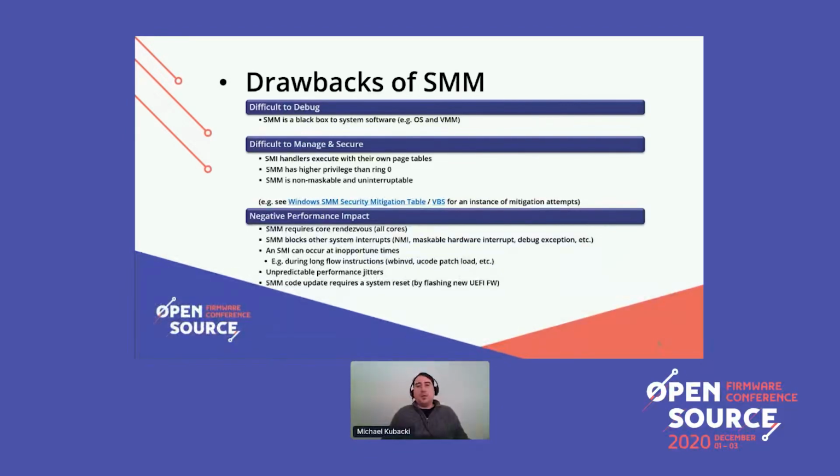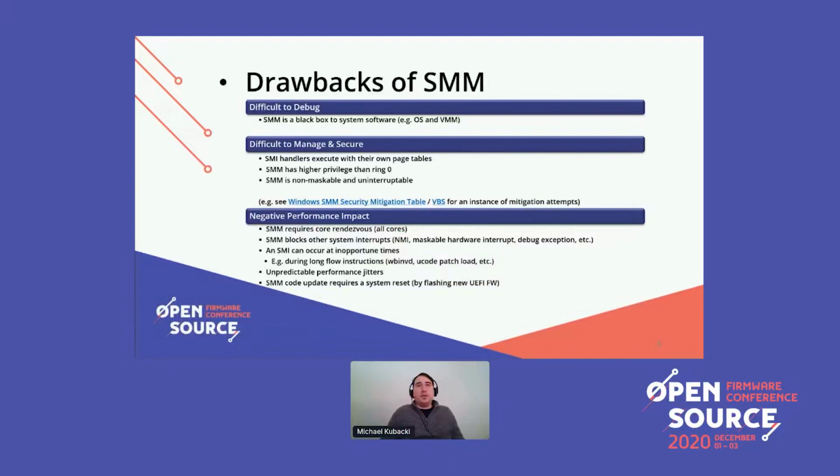And so we have found that just going into an SMI and coming back out on an Intel Atom system can take around 20 to 40 microseconds. And so if you are trying to service your interrupt within 10 microseconds, that alone can prevent that from happening.